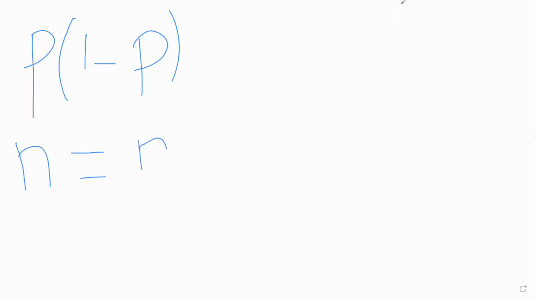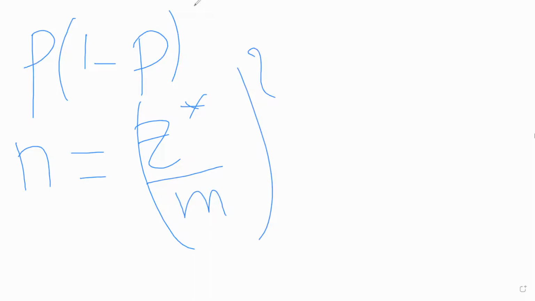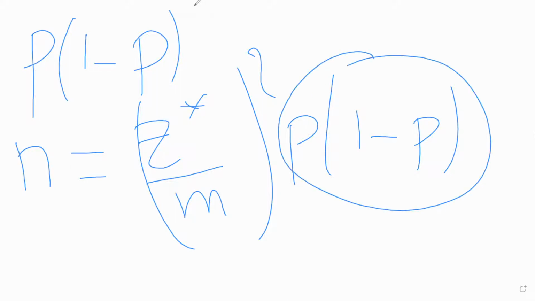When I have an idea about P, we take the requested P. But if not, once we don't have any idea about P, we can write N. We said N is equal to Z star over M, squared, times P times 1 minus P. Sometimes I don't know what P is, but what can I write? I know P times 1 minus P.